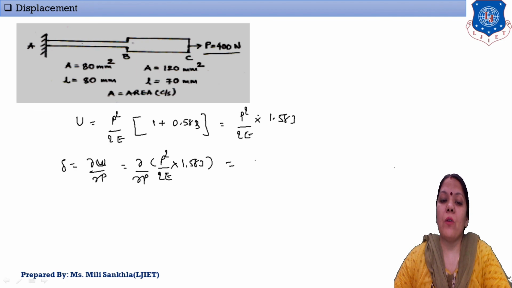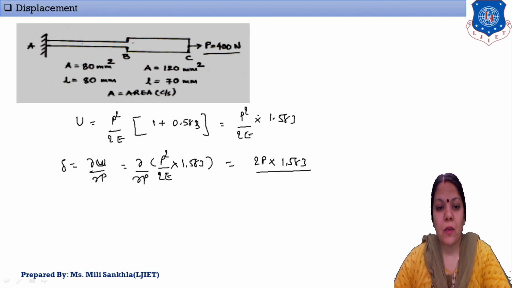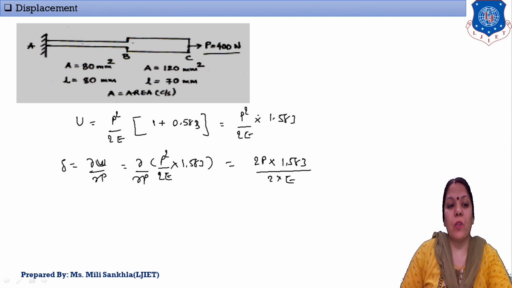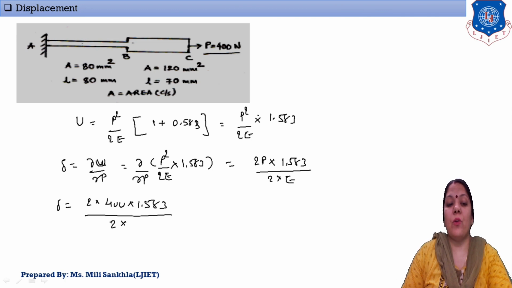Here we write 2P into 1.583 divided by 2 into E. Now one by one put the values. Deflection del: P is given as 400 Newton, 1.583, then 2 into Young's modulus, which is 2 into 10 raised to 4.